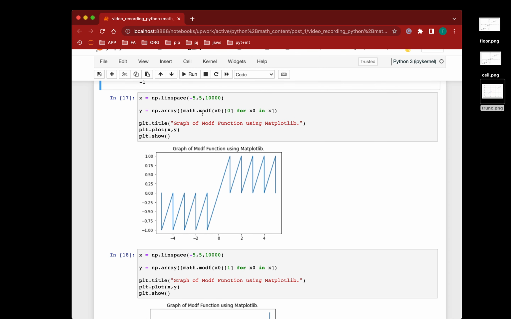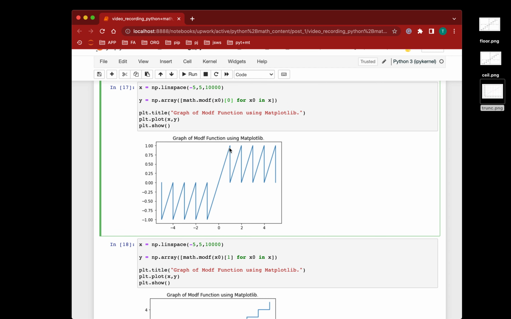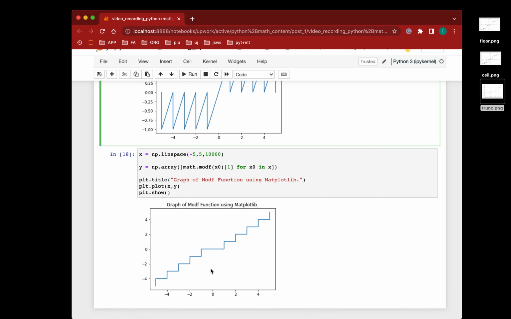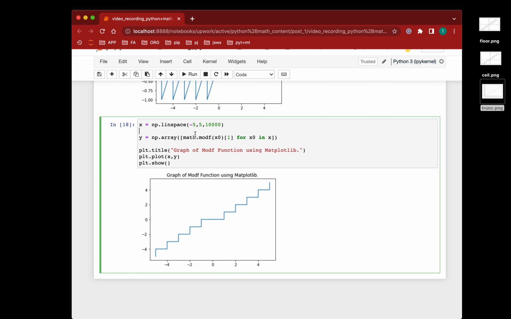So if we just look at the first component of modf, which is just the fractional part of the number, you get this zigzaggy thing, and as we said with the previous three graphs, these vertical components should not be there, and instead there should be open points here, and then closed off points here, and open here, closed here, etc. And as I said, the second component of the modf function gives you the same graph as the trunc function, like so.